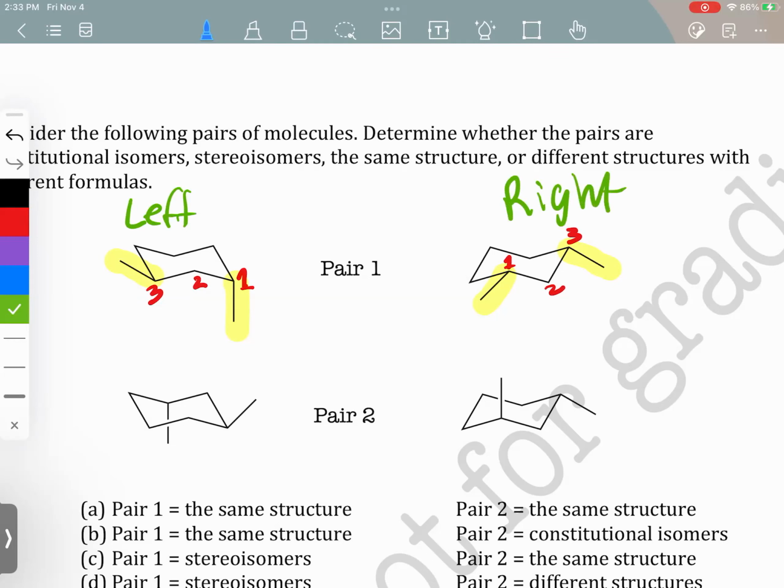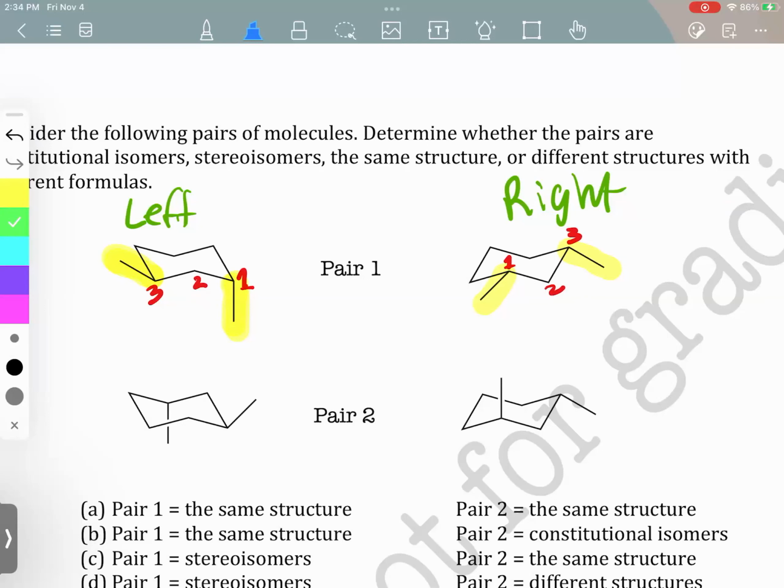There's a big difference between them. Well, one is like a clockwise direction, and the other one's like counterclockwise. You do see that. But what I'm trying to get you to see is, in the left, one methyl's pointing up while the other one's pointing down, right? So they're opposite from each other.